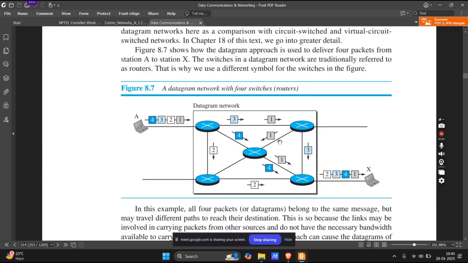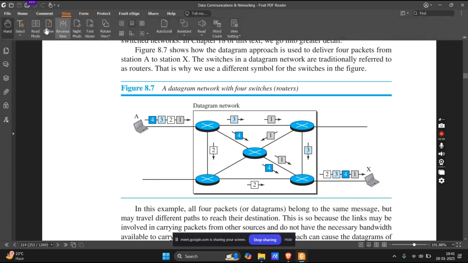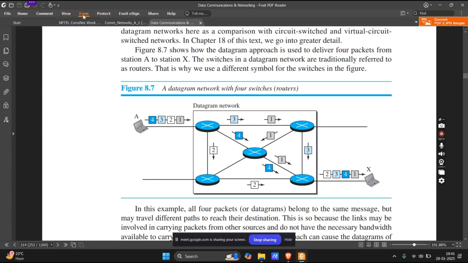So when this switch sees the data address X, the address for computer X, what it will do is, one minute, let me turn on the pencil.